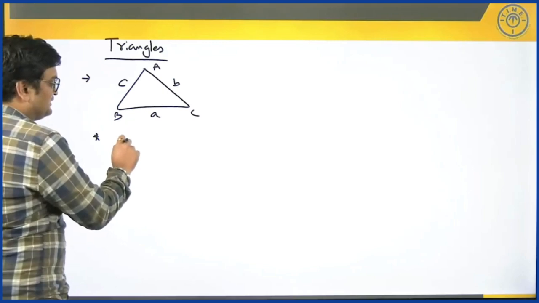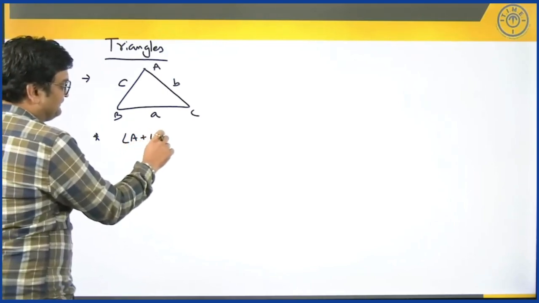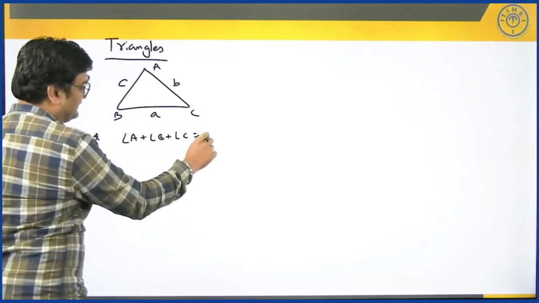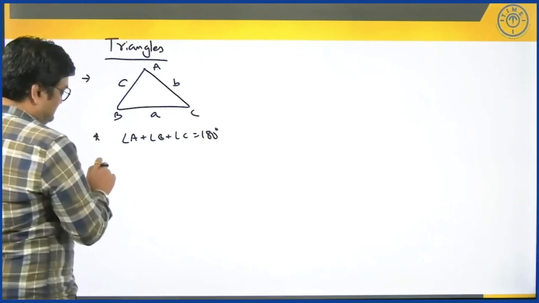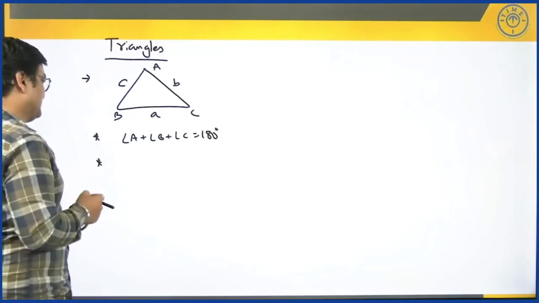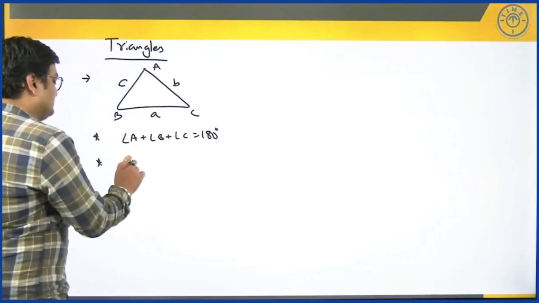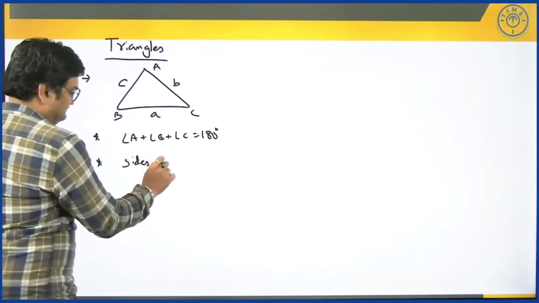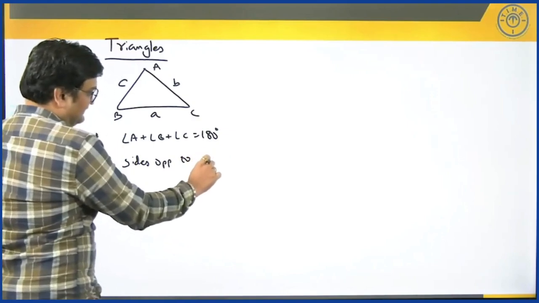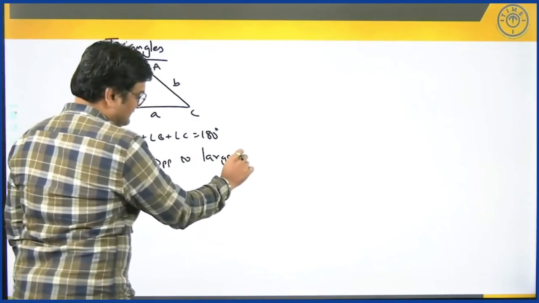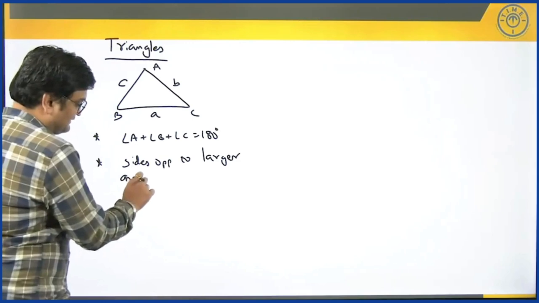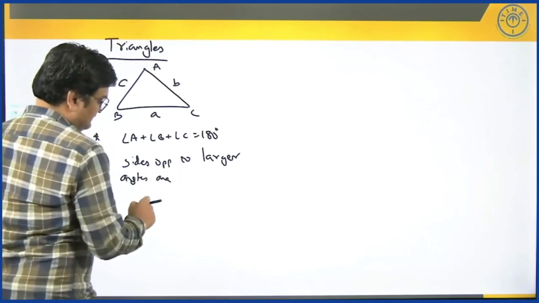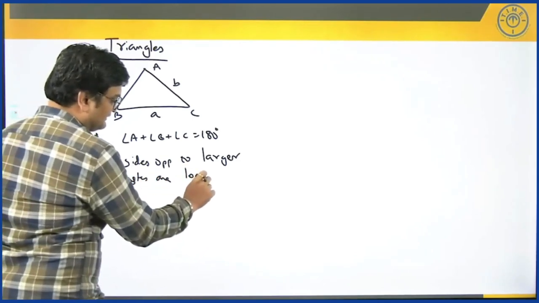For example, sum of the angles in a triangle is always 180 degrees. I am sure we all know this. Second property that we have: sides opposite to larger angles are longer.